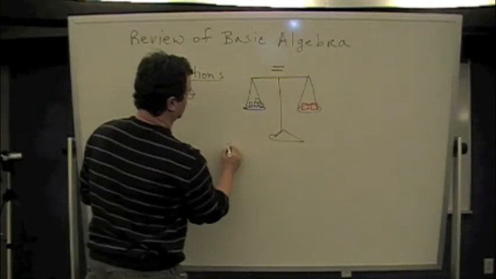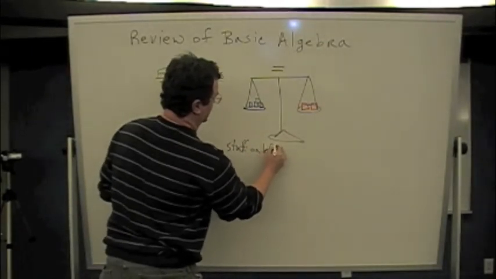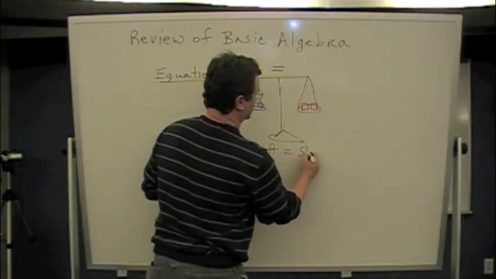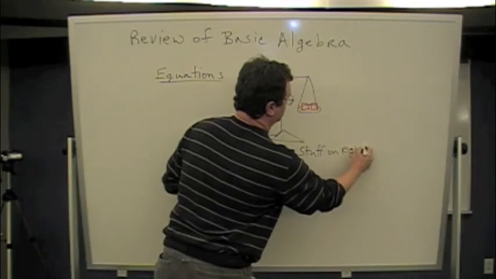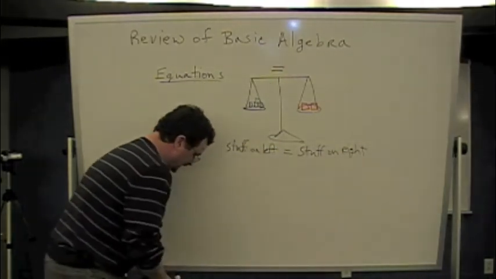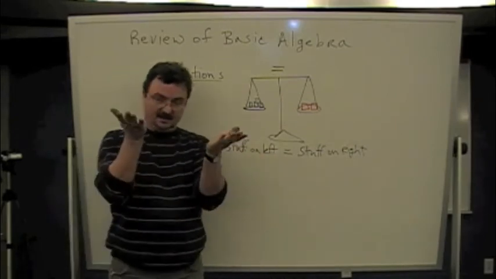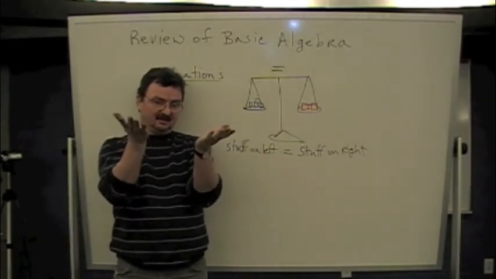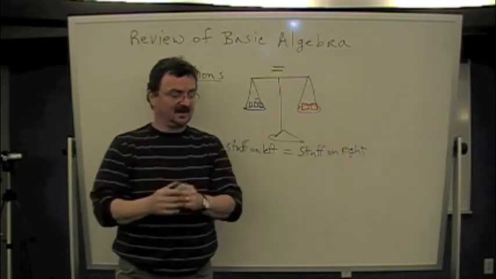Okay? So in other words, the stuff on the left is equal to the stuff on the right. Okay? So in algebra, whenever you see that equal sign, it's saying that the two sides are balanced. That whatever you have on this side is equal to whatever you have on the other side.